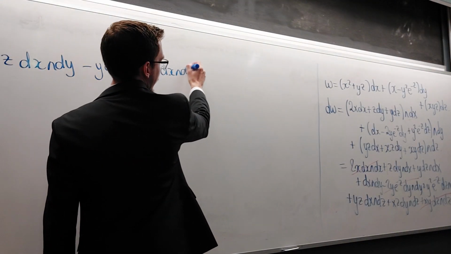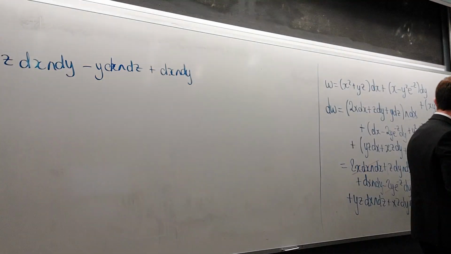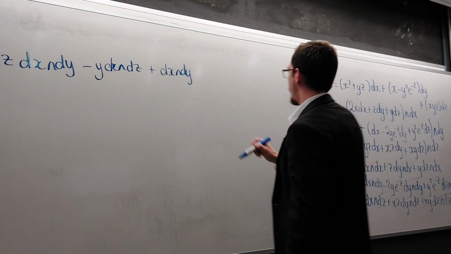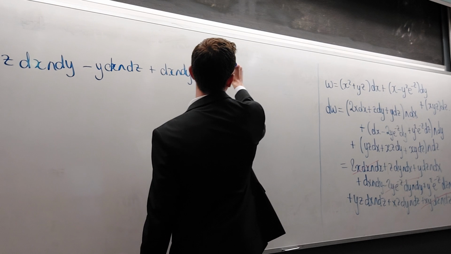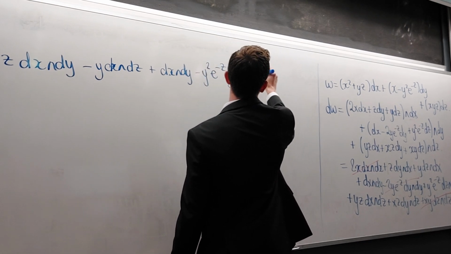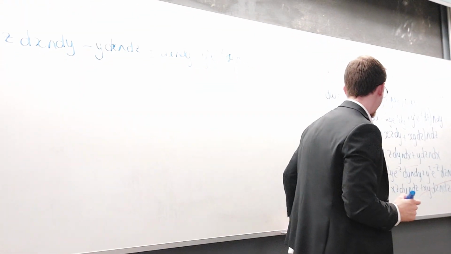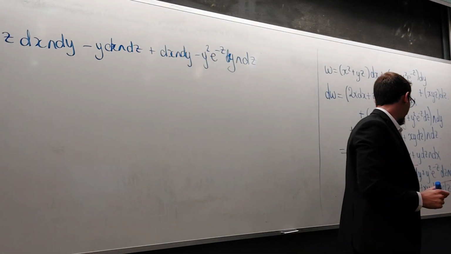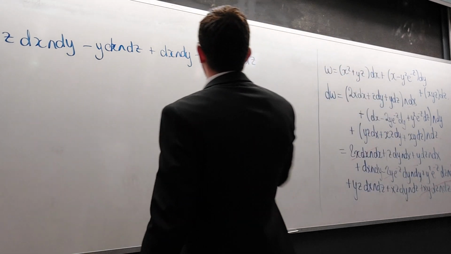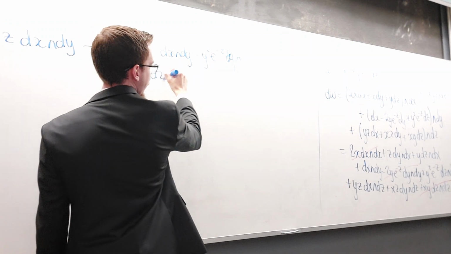Then the next one has the order I like. This one doesn't, so I just pick up a minus sign. And dy wedge dz. And this has the sign I like, that has the sign I like. yz dx wedge dz.